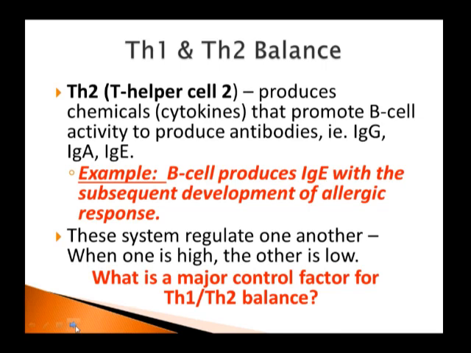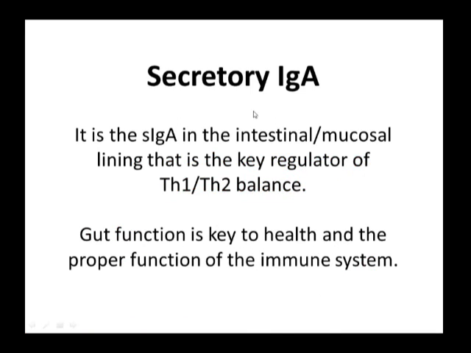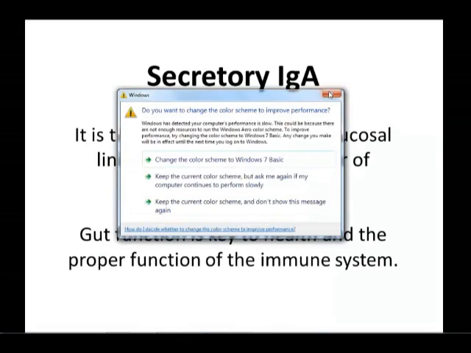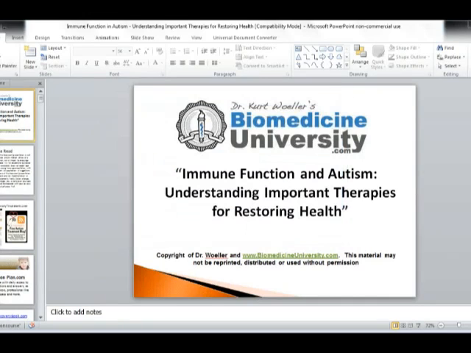Well, it turns out that the chemical Secretory IgA, which we spent all this past 15, 20 minutes talking about, is the control switch over regulating the Th1, Th2 response, which then brings us back to that the gut function in general is the thing that is promoting health throughout the body and is regulating the immune function throughout the body as well.